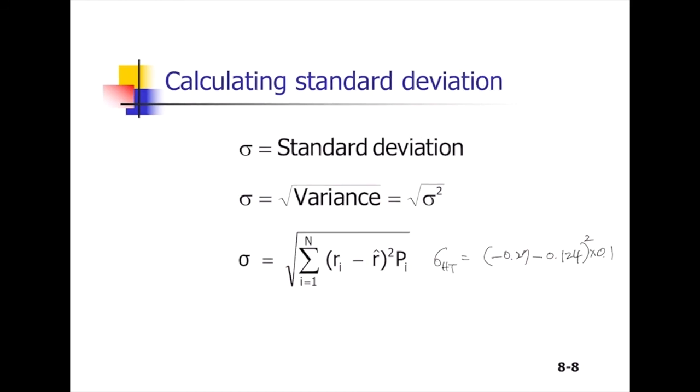And repeat the process. When the market is below average, the return is 0.07, and this is the same, right? Power of 2, multiply by the probability, which is 0.2. The expected return is 0.15 minus 0.4.